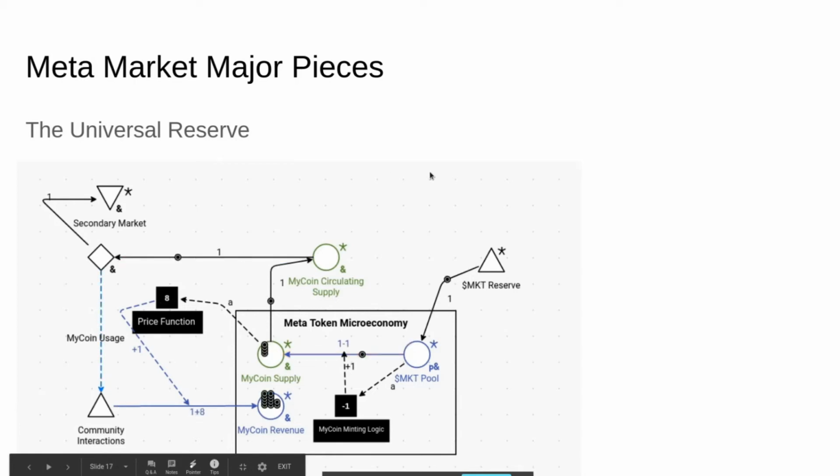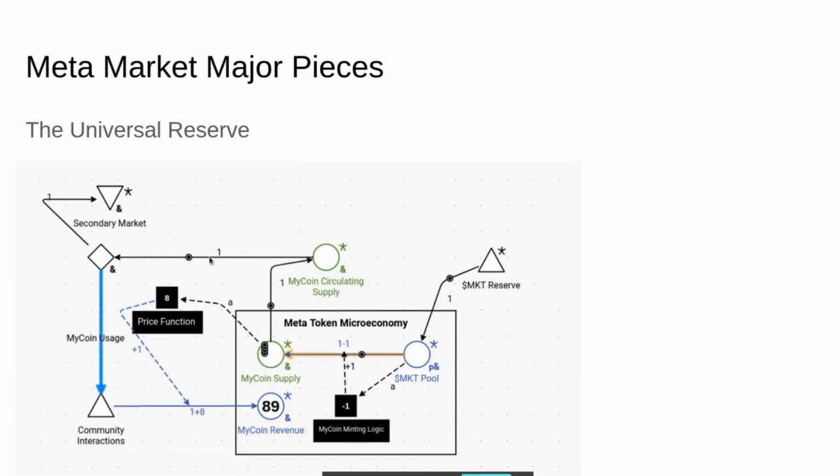The Metatoken is one part, and then the universal reserve is the other part, which is MKT. And so we can see here that there's a sustainability loop implicit in every Metatoken, where the reserve that's built up from the meta market economic processes can be infused into any quote unquote NFT, which we're calling metatokens, to produce a supply based on your particular minting logic, basically your token economic policy.